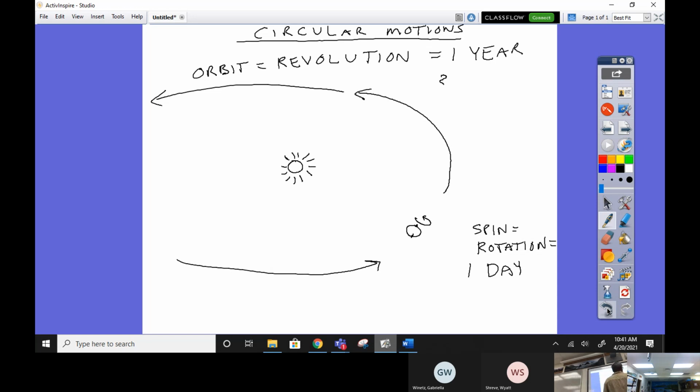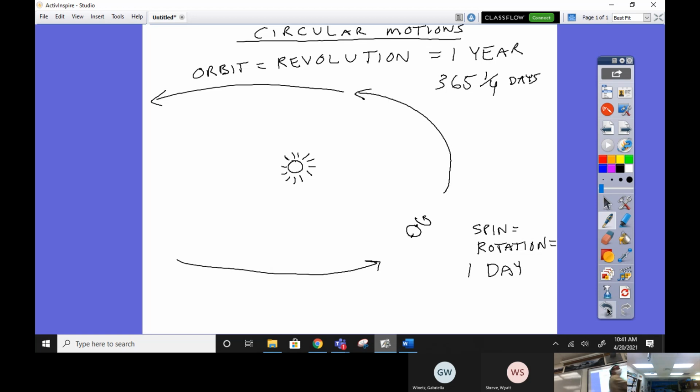To leave this spot where we are right now, we're going to call this April 20. So here we are, 4/20. It takes us not 365 days to get back here. It takes 365 and 1/4 days to get back here.